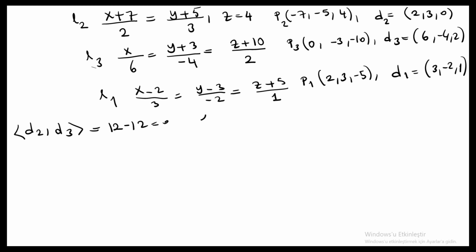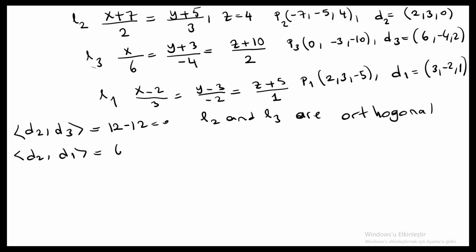So it means L2 and L3 are orthogonal. How about D2 and D1?